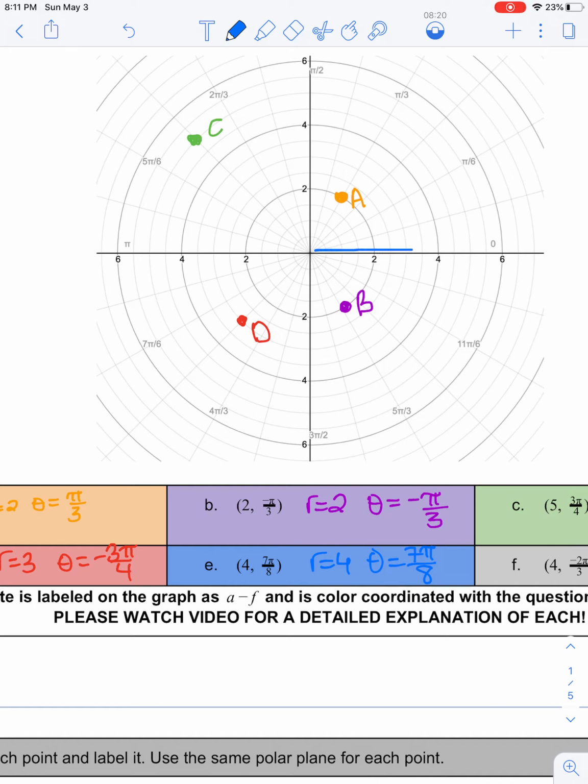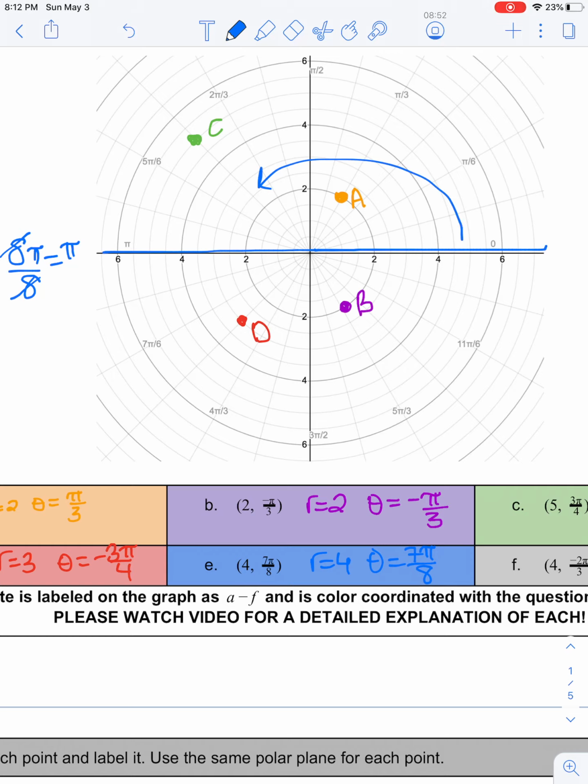We start at our polar axis and build out an angle that corresponds with 7 pi over 8. I notice that 8 pi over 8 is equivalent to pi, so if I had 8 pi over 8, I would be plotting along that radial axis. But I don't have all 8 pi out of 8, I have 7 pi out of 8, so I need to be a little bit above that horizontal axis.